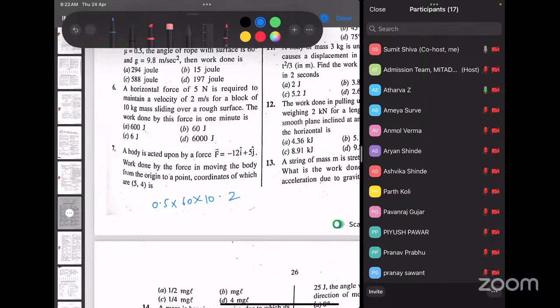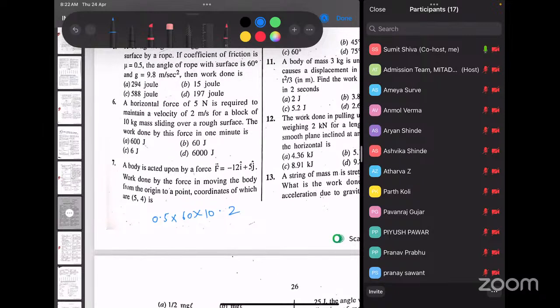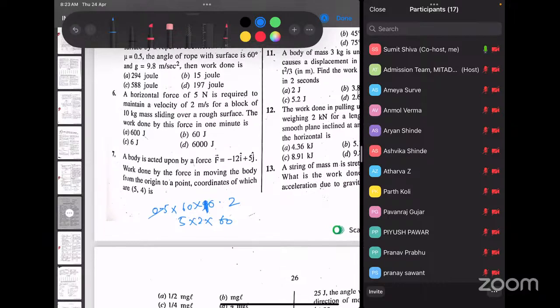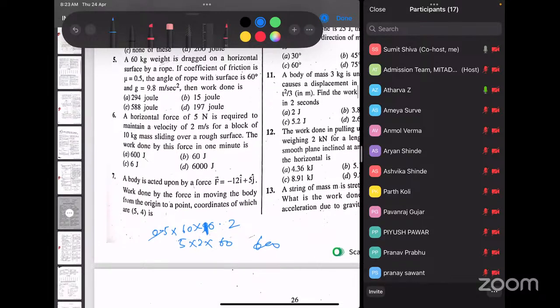Yes, sir. And if you take 9.8 in place of 10, and if you take 10, this will be 5 into 2 into 60. This will be approximately 600, which means 588.